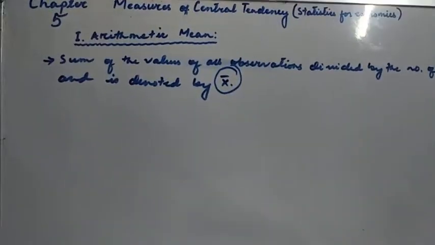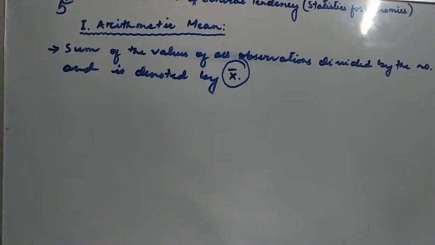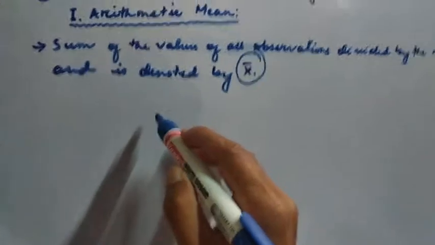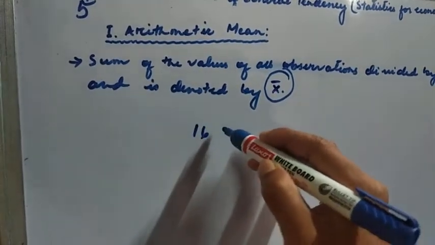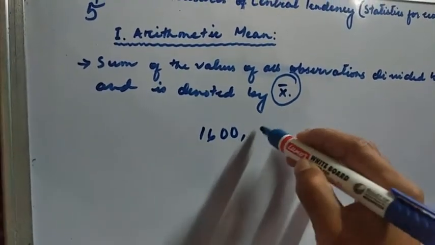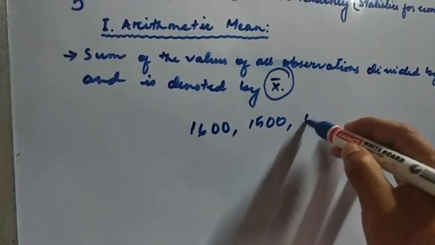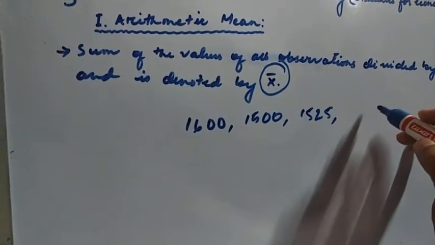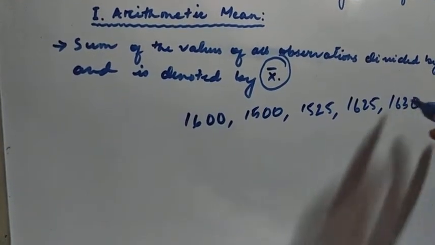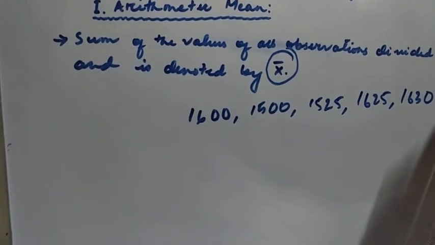So let us take one example. Suppose the monthly income in rupees of 6 families is given here. One family has a monthly income of 1,600, second family 1,500, third family 1,525, 1,625, 1,630, and another one is 1,400.